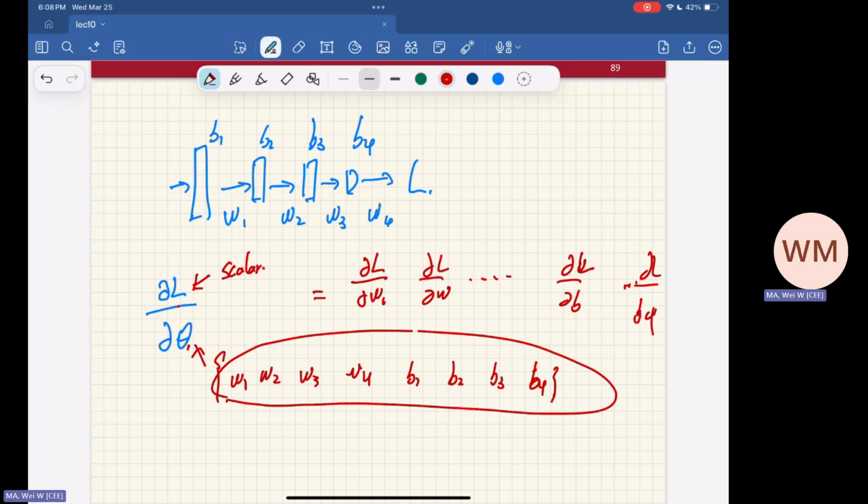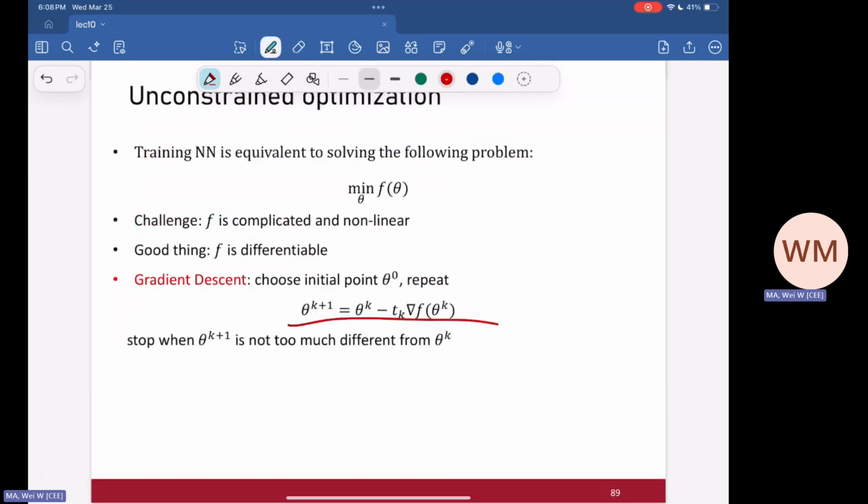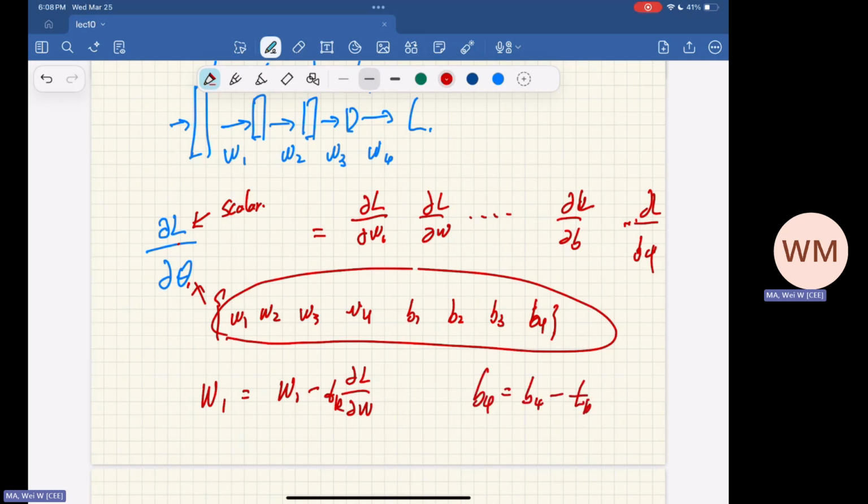Then theta equals theta minus the step times this gradient. So W1 equals W1 minus t_k partial L partial W1, and B4 equals B4 minus t_k partial L partial B4. You are updating each of the parameters separately. Partial L, partial theta is a very generalized concept that contains all those partial derivatives.